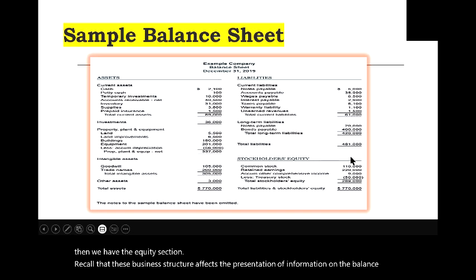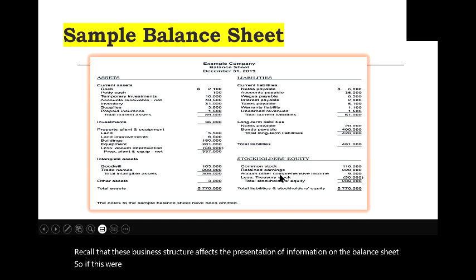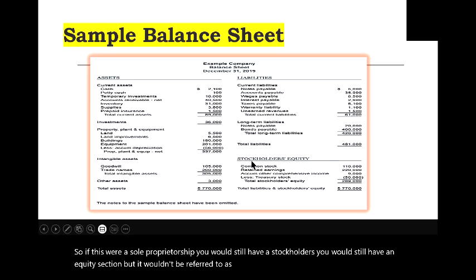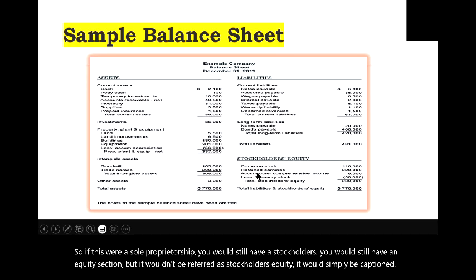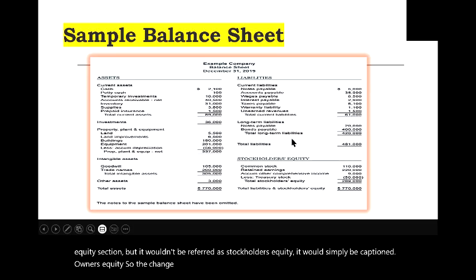So if this were a sole proprietorship, you would still have an equity section, but it wouldn't be referred to as stockholders' equity. It would simply be captioned owner's equity. So the change is dictated by the structure of the business.